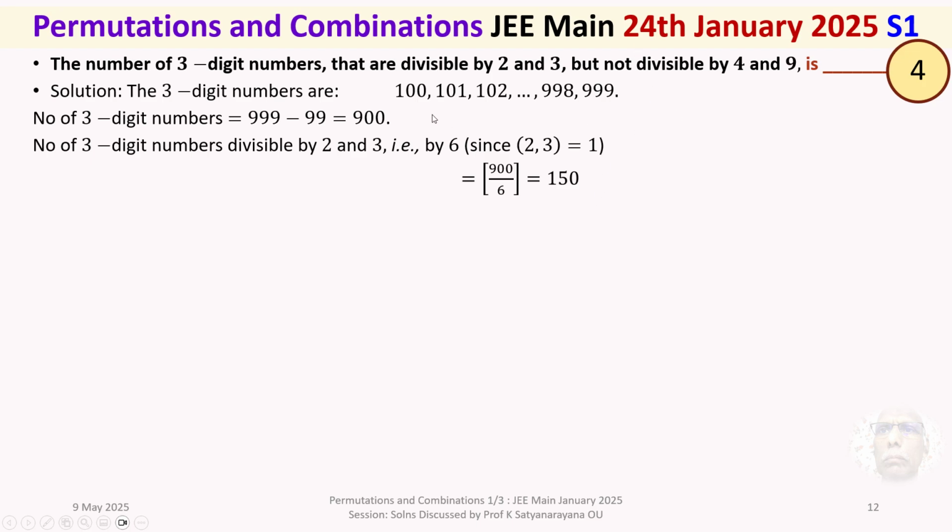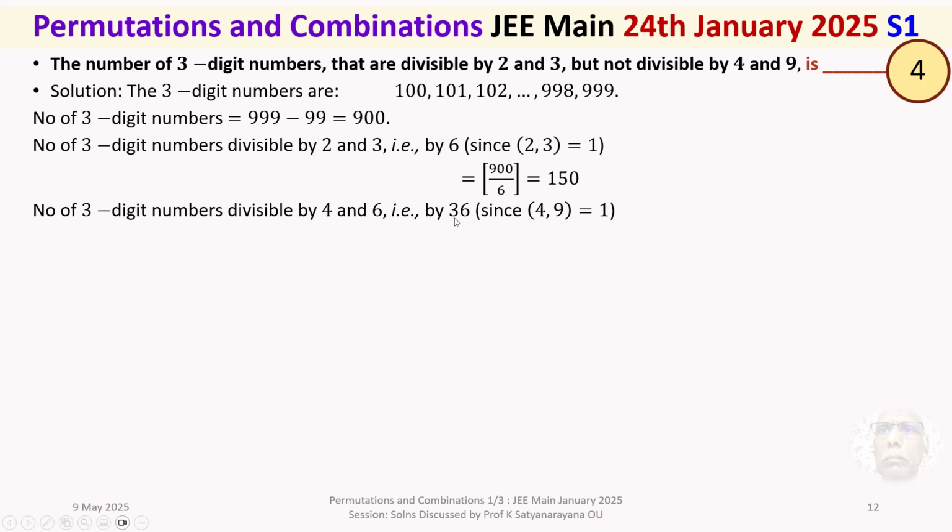Now, how many of them are divisible by 4 and 9? Since the GCD of 4 and 9 is 1, the number of 3-digit numbers divisible by 4 and 9 is the number divisible by 36.